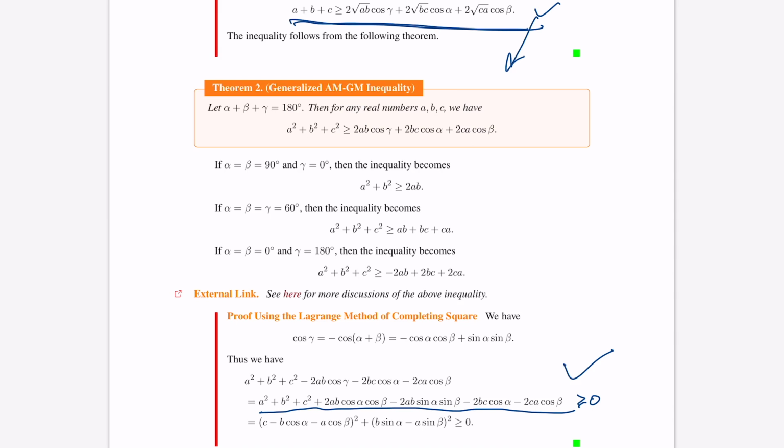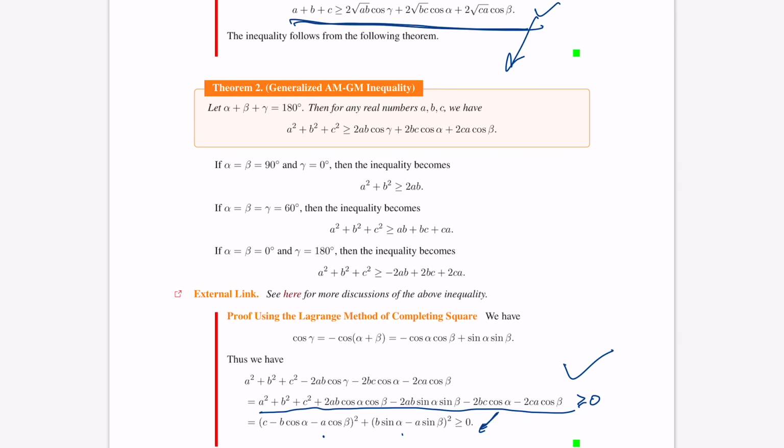Lagrange method of completing squares. By a simple computation, you would see that you can write this complicated expression in terms of these two, and then you are done. I strongly urge you to do the computation by yourself to get the flavor of how to find this completing the square, writing this as the sum of the squares of two quantities.